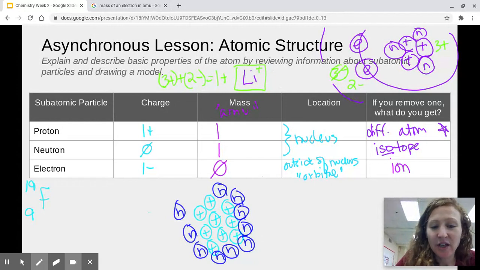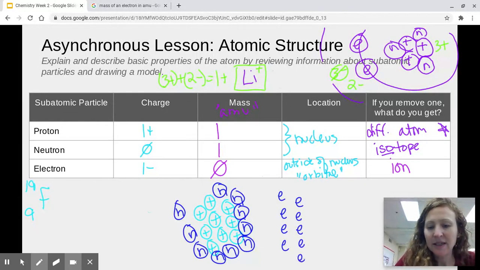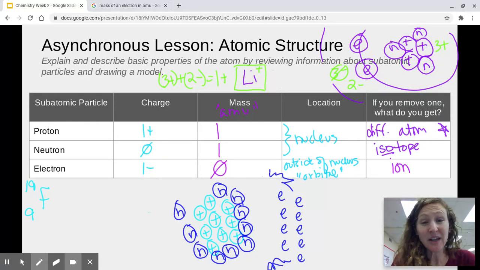And then it should have 9 electrons out here in the cloud. Now, where do these numbers come from, you say? Well, let's talk about that. That's a really great question.